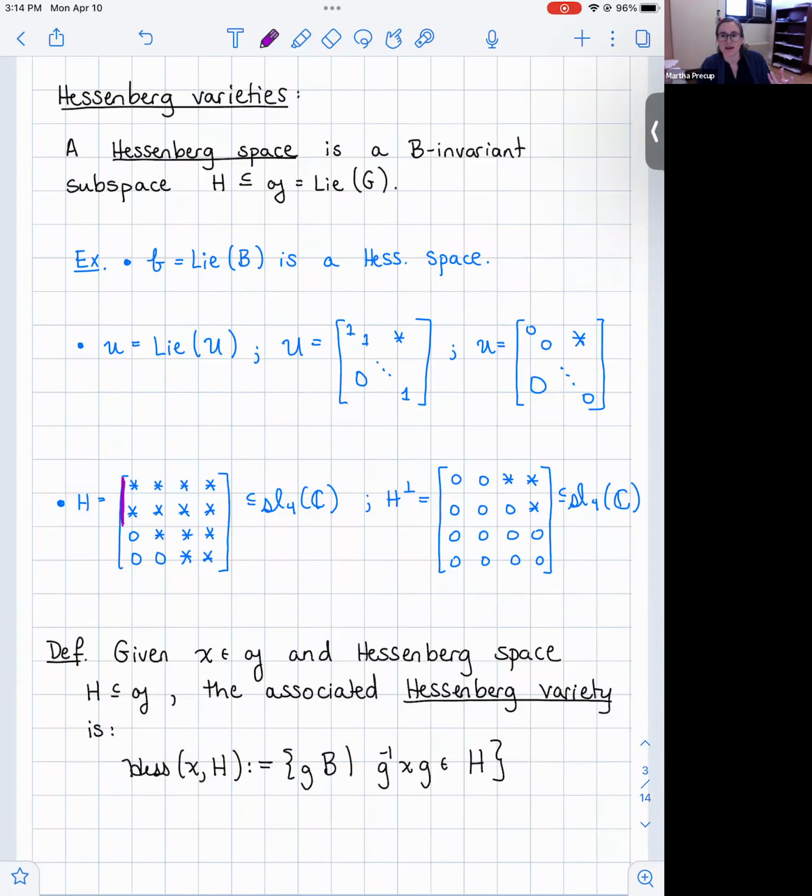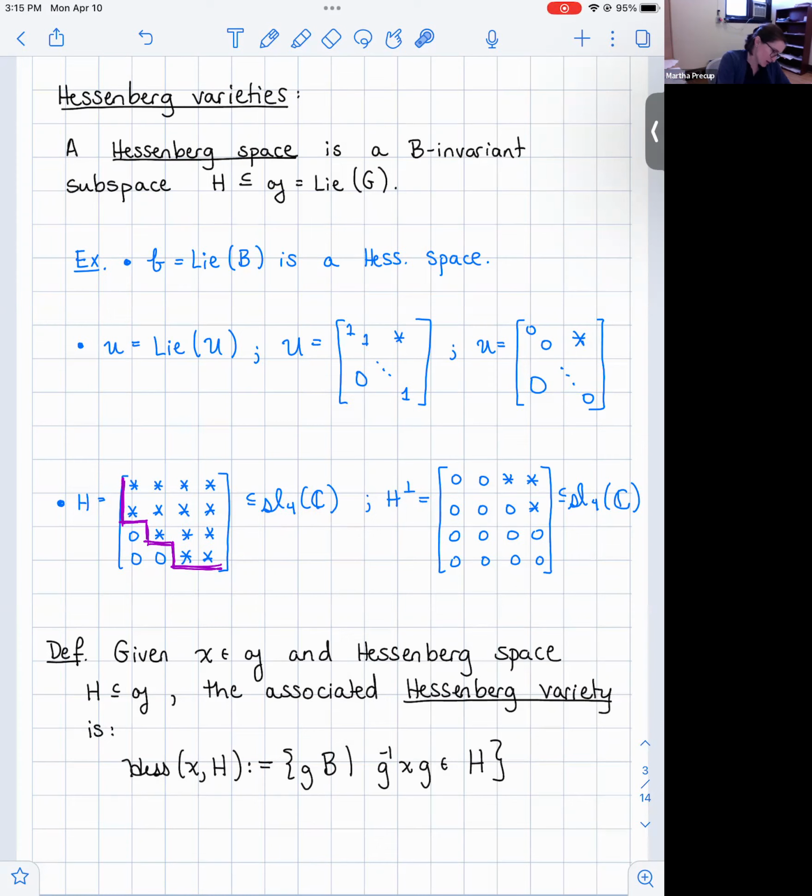Things that are non-zero in my original matrix get pushed up and to the right. You can see this play out in these examples, and you can see it by drawing a path. I indicate there are certain things that have to be 0. Once I know that some entry is non-zero, conjugating by something upper triangular gives me non-zero things anywhere above and to the right. I could fill in the rest with possibly non-zero entries. So your hands are tied. Once I know some entry is non-zero, above and to the right is also going to be non-zero.